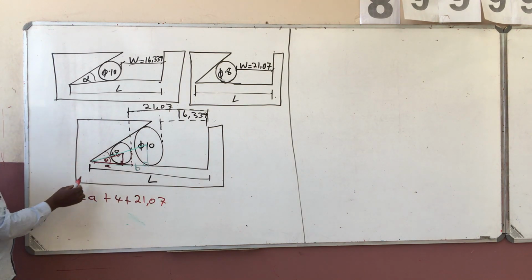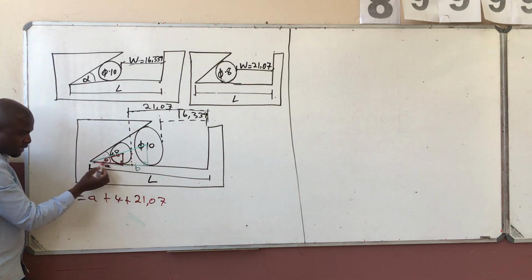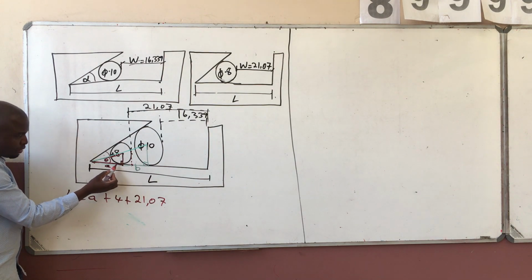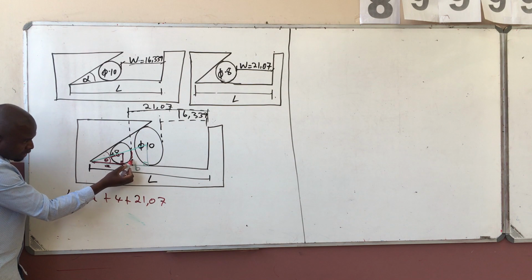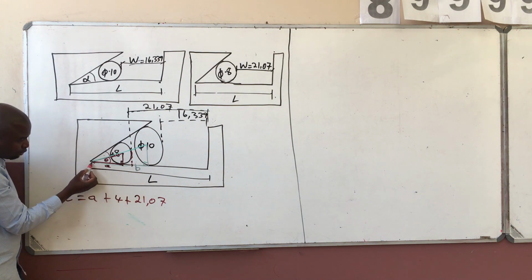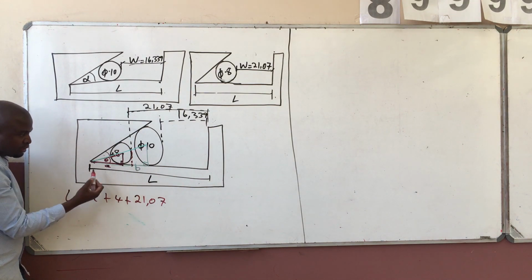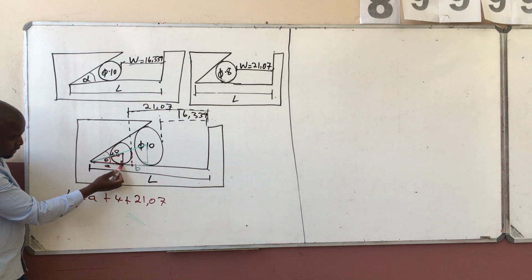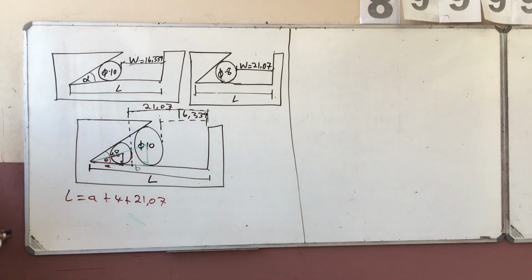I repeat, looking only at the red triangle, the distance L will be A, from the start up until the center of the circle, plus the radius up to the circumference, plus the given distance. That is equal to L.